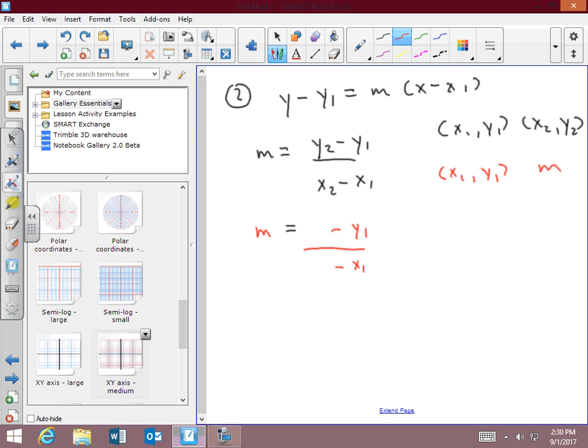So then for the x2, y2, we put variables x and y, unknown quantities, unknowns.